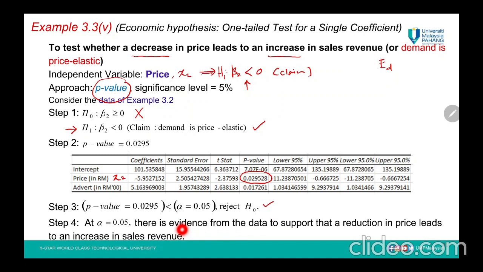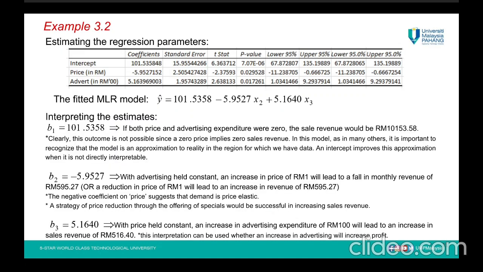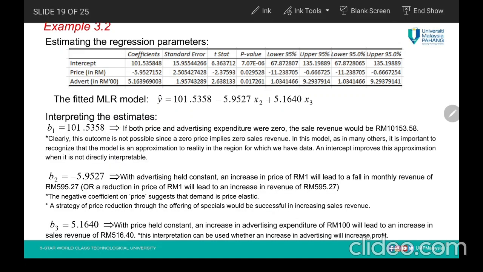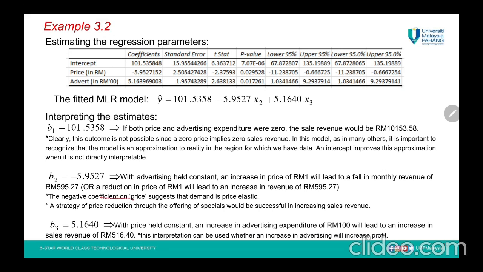So the conclusion is, at alpha equal to 0.05, there is evidence from the data to support that a reduction in price leads to an increase in sales revenue, or the demand is price elastic. So the strategy of price reduction here can be implemented by the management to increase sales revenue.